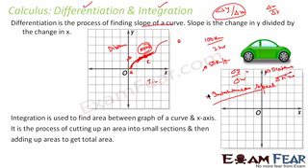For example, this is my graph and I have my curve like this, and I now want to find this area, the area between the curve and the x-axis. What can I do? I can use the process of integration. What integration does is it cuts this area into small sections, small areas, and then it adds all these areas.